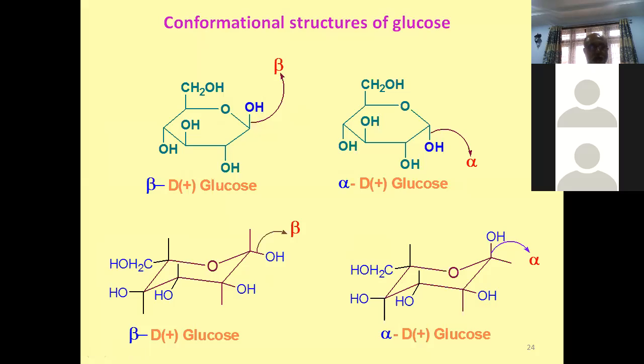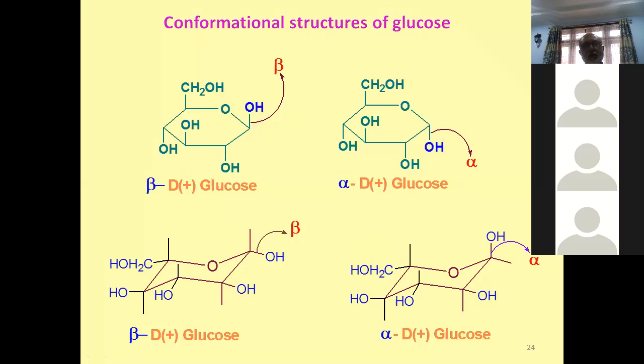It is not the same alcohol. It is an OH group in the cyclic form, and at that time it behaves as an alcohol, but it is also converted into the open chain form, which has an aldehyde group. So this is a very unique character of this type of molecule.